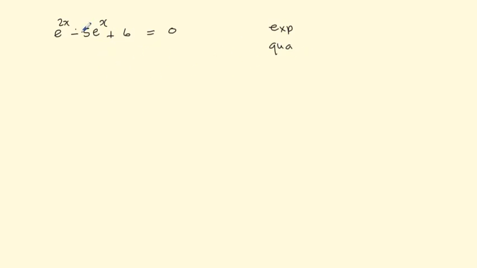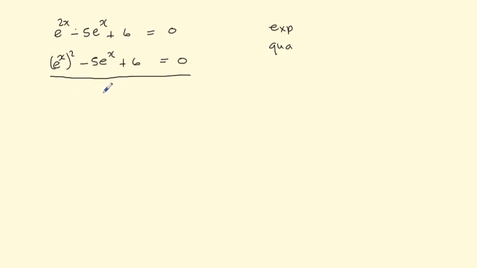If you look at this expression, it is simply e to the power of x, squared, minus 5e to the power of x plus 6 equals 0, which is essentially a quadratic equation involving an exponential function.